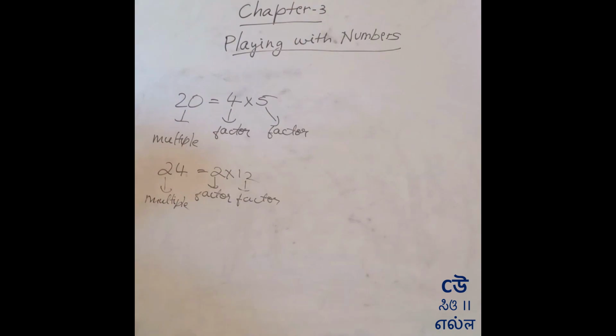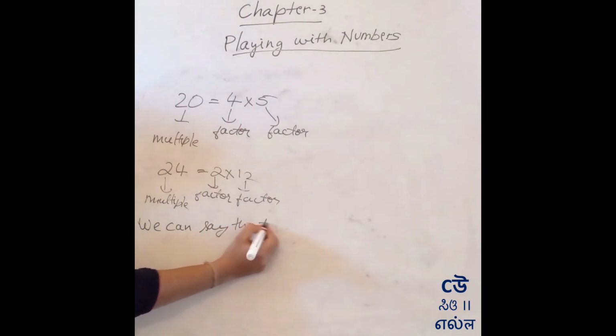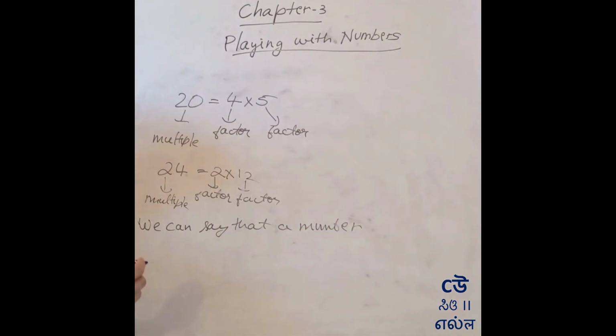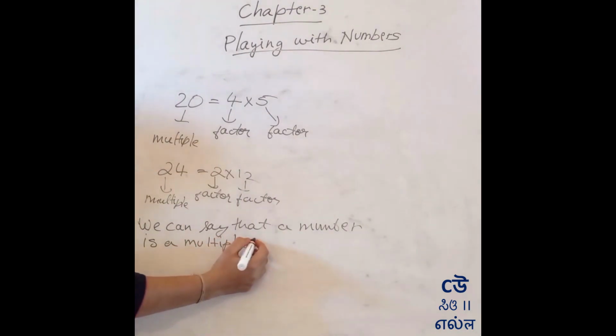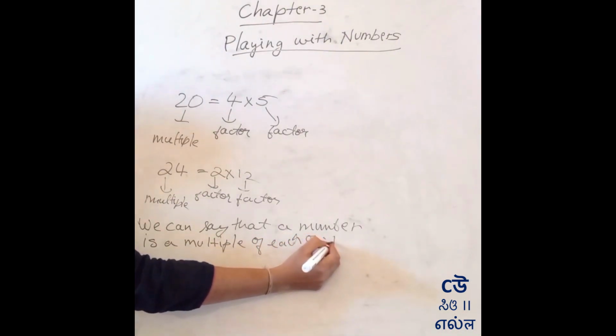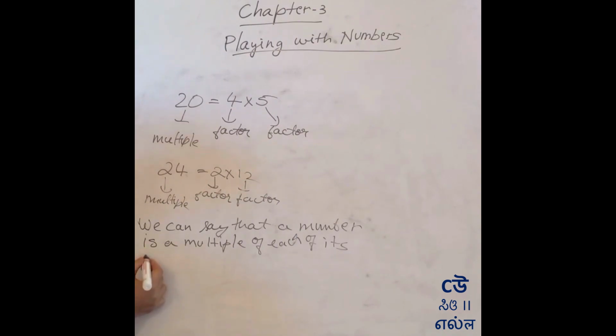Okay. So what can we conclude? We can tell that a number is a multiple of each of its factors.